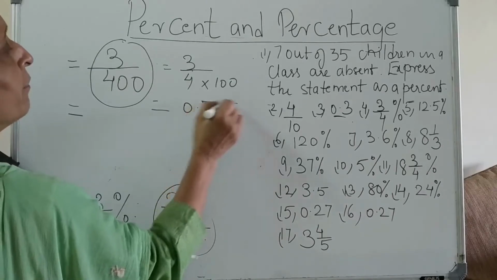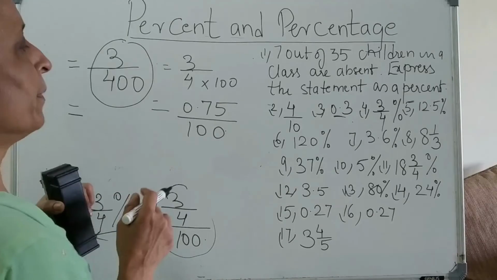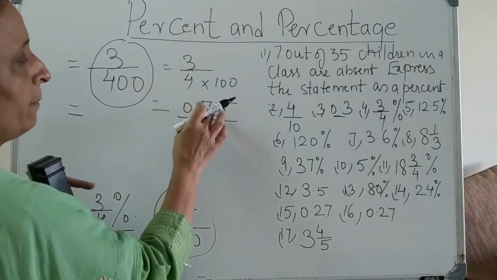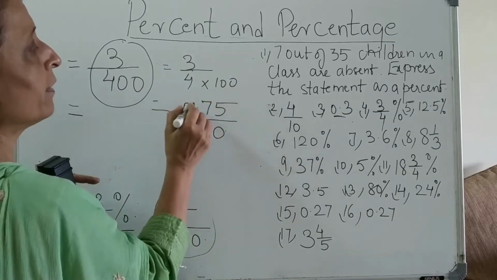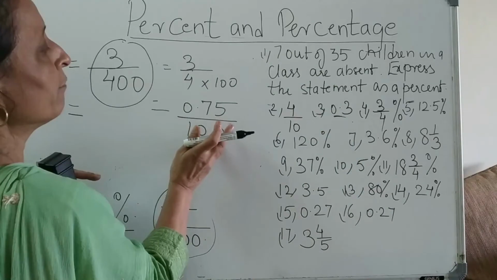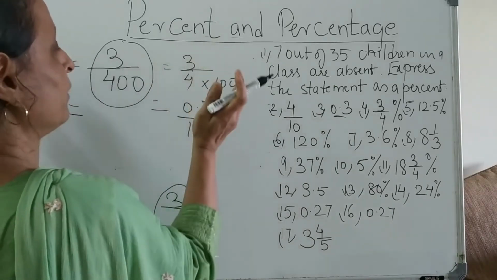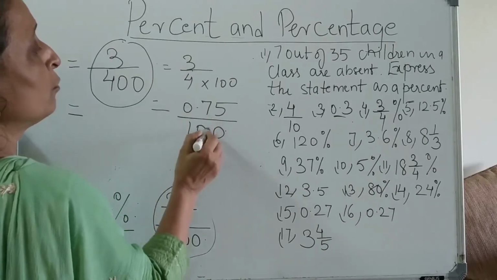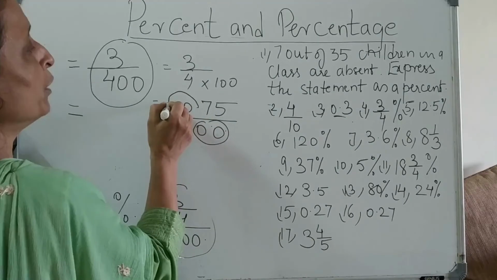0.75 divided by 100. Now just remember, whenever it is multiplication by 100, the point will move on the right hand side. Whenever it is division, it will be on the left hand side. So here 2 zeros are there, so it has to move 2 points more.